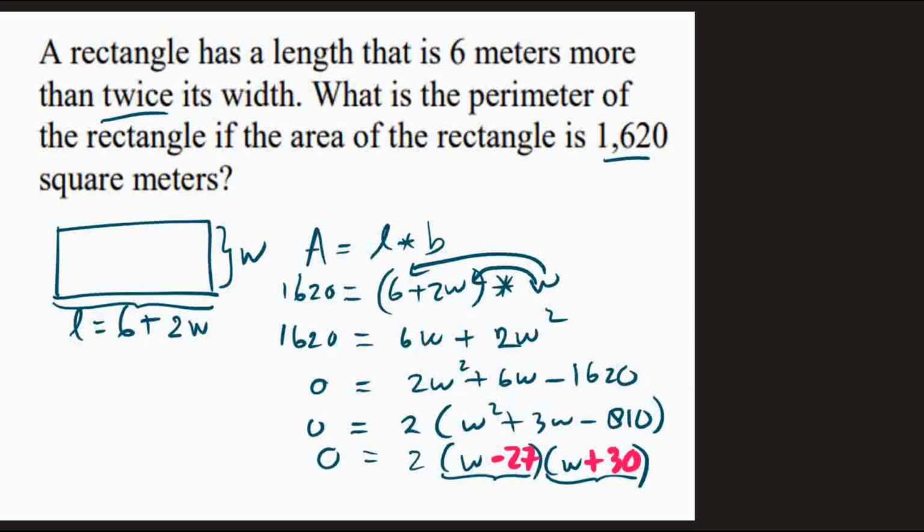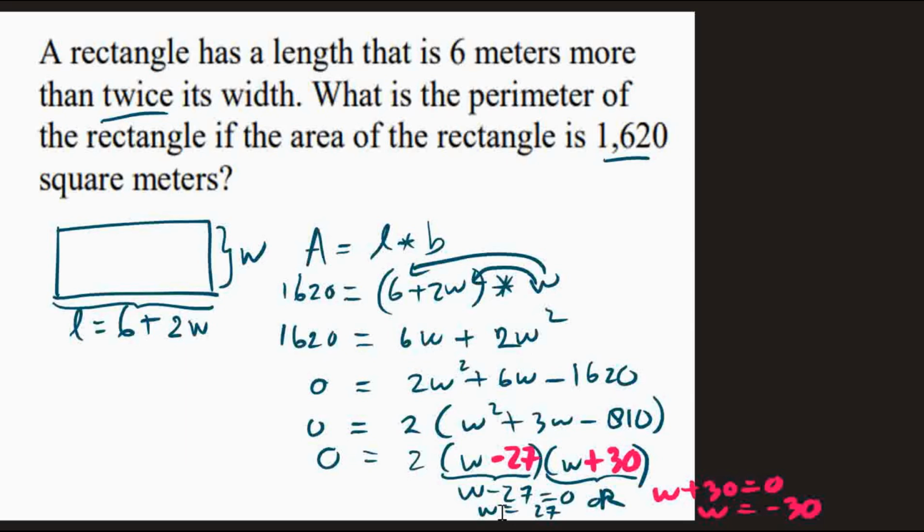So we have the factors w minus 27 or w plus 30. Then if w minus 27 equals 0, then w equals 27. Or w plus 30 equals 0, w equals negative 30. Then we take the positive value, so w is equal to 27. So now we have the width is equal to 27.